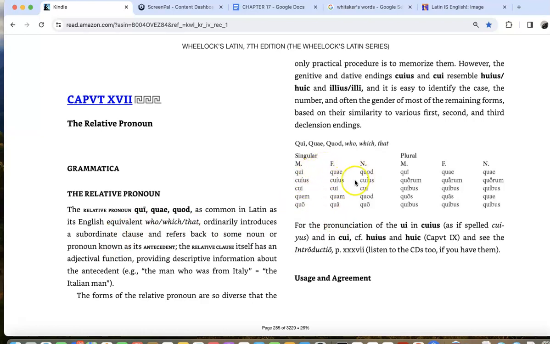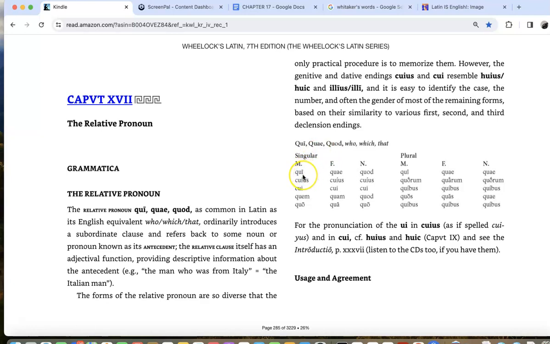These are the relative pronouns. I'm toggling over them right now that need to be memorized in Latin. As Wheelock points out, there's really the only practical procedure is to memorize them, and with time and practice, you'll be able to recognize them.